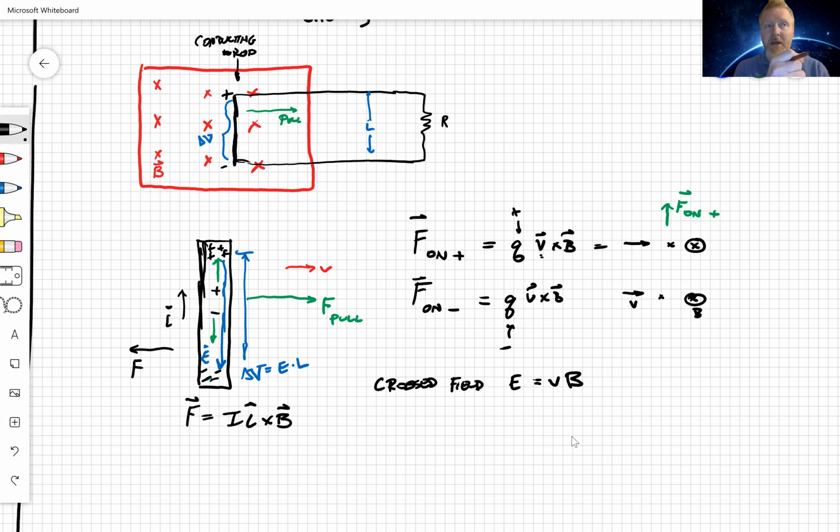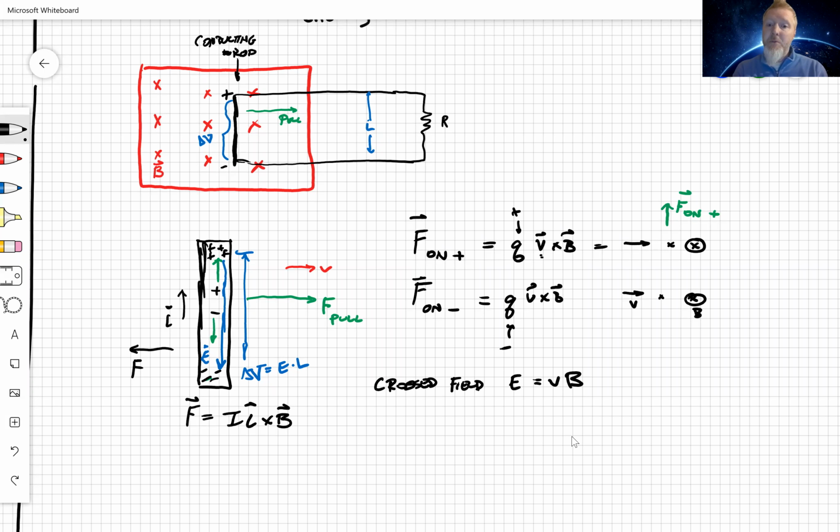I'm going to pull this thing through the magnetic field. That's going to start pushing plus charges up and minus charges downwards, and they're going to eventually reach a saturation. The saturation occurs when the forces are balanced. There's a force from the B field causing the positive charges to go up, and a force from the electric field causing them to go down.